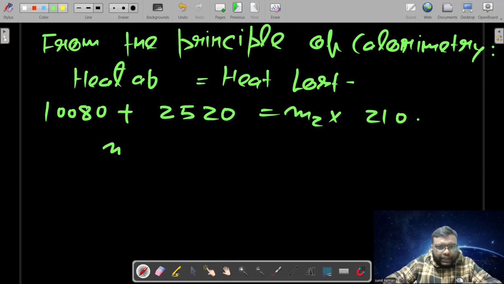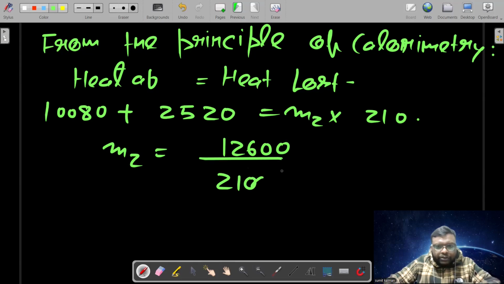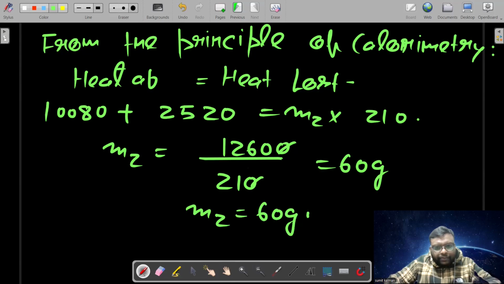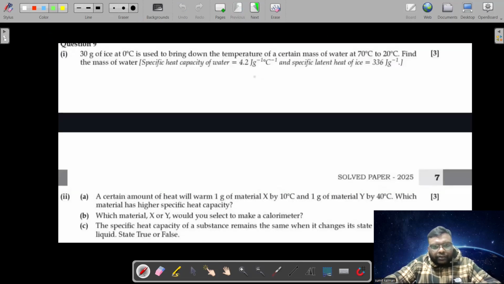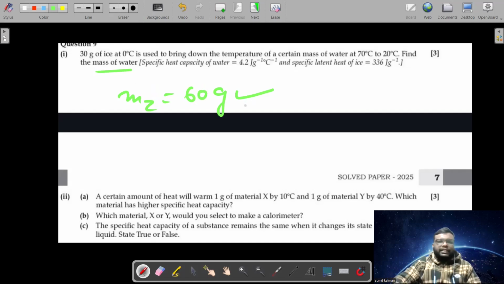And if you calculate, M2 is equal to 12600 upon 210. 0 cancel and it will come out to be 60 gram. So here M2 is 60 gram. We had to find the mass of water M2 and it is coming out to be 60 gram. So the final answer is 60 gram.